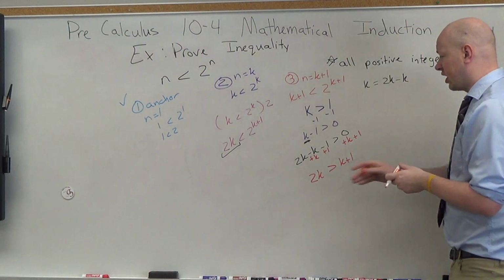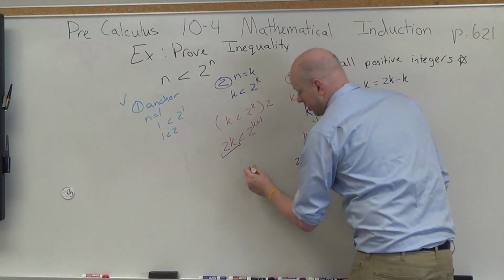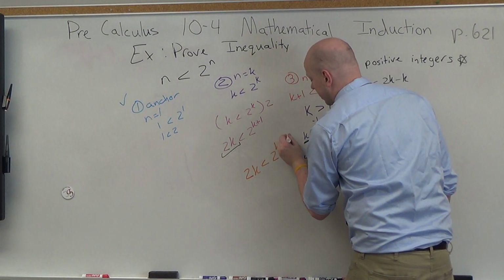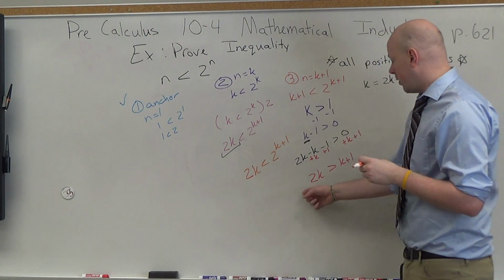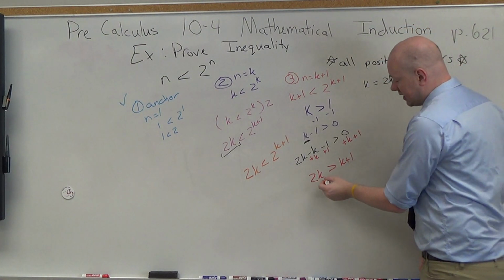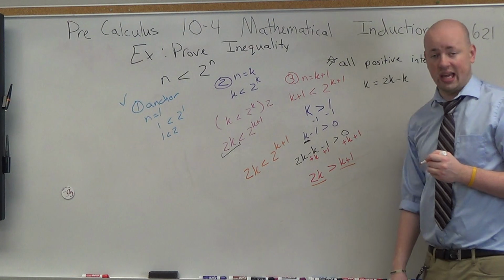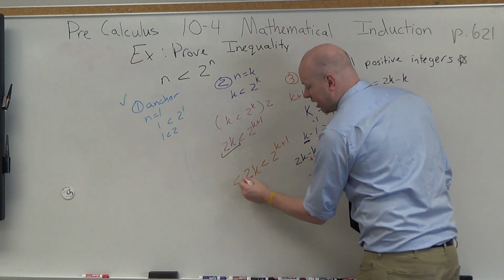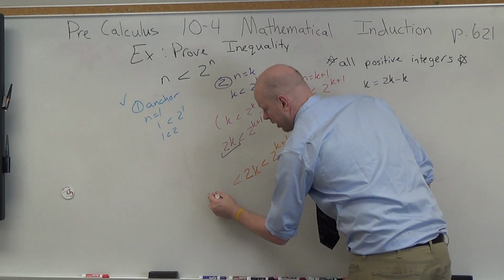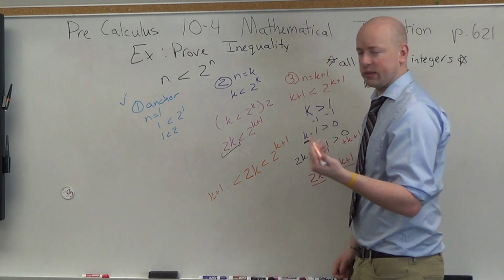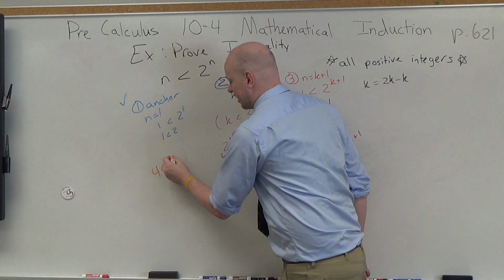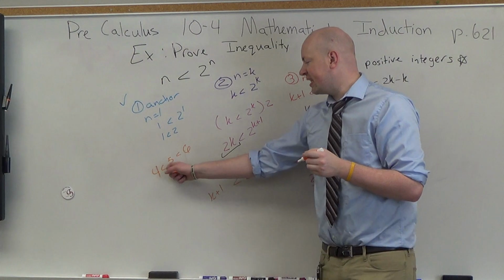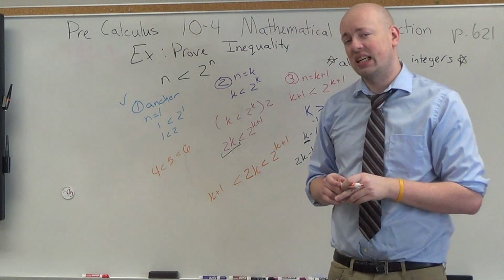Well, let's start with my expression over here. 2k is less than 2 to the power of k plus 1. Now, relating it to this, it says that 2k is greater than k plus 1. Well, if I had an expression like 4 is less than 5, which is less than 6, do I really need this 5 there to show you that 4 is less than 6?